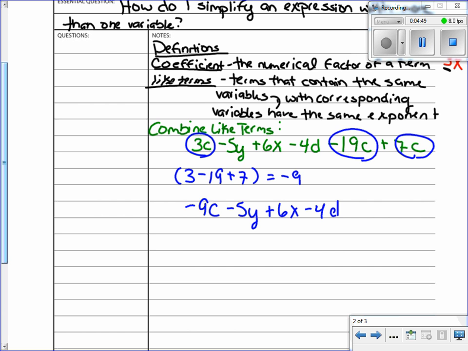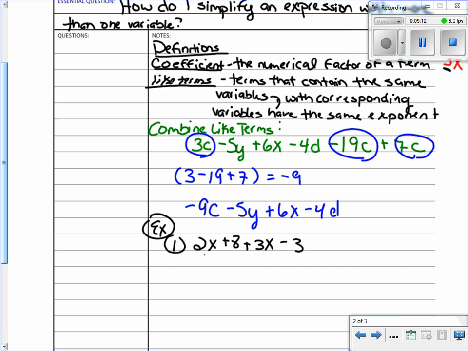So here are some more examples. Example 1: 2x plus 8 plus 3x minus 3. If you want, you can circle what are like terms, or you can underline, or don't do anything at all if you can do it in your head.